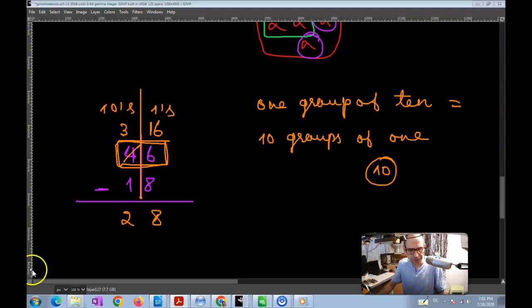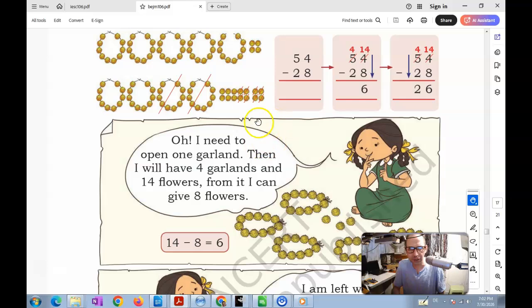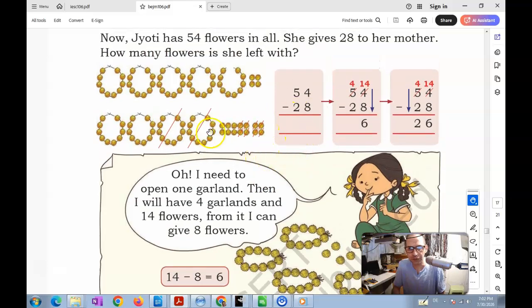Okay, now again, Gauri has these flowers, has 54 flowers in total, and she wants to give away 28 of them to her mother. And then we want to calculate how many flowers we are going to be left with.